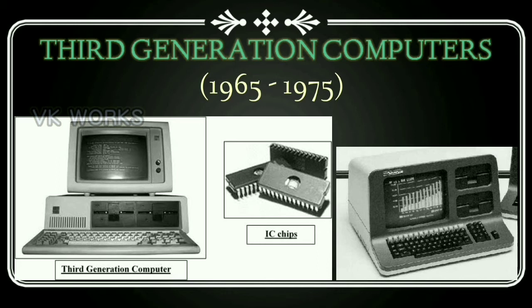In the third generation, transistors were miniaturized and placed on silicon chips called semiconductors, which drastically increased the speed and efficiency of computers. Examples: IBM 360, Honeywell 6000 series, PDP (Personal Data Processor) and IBM 370/168.